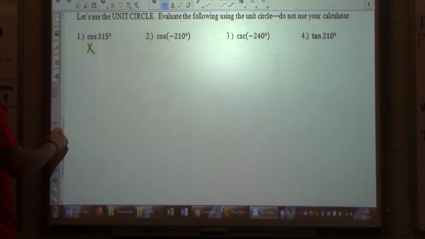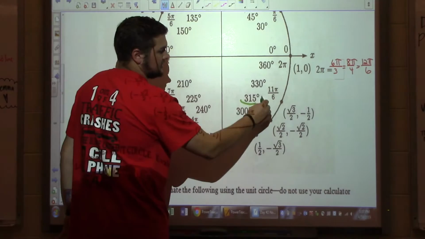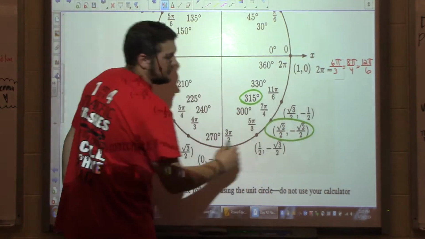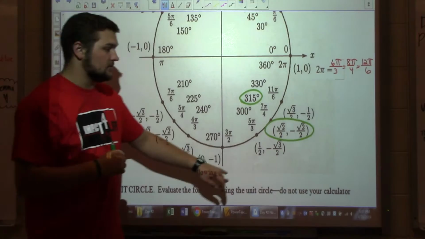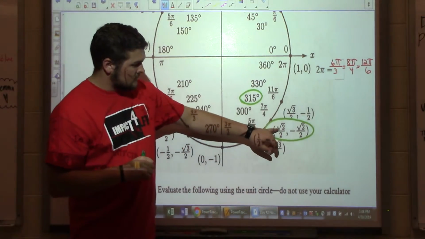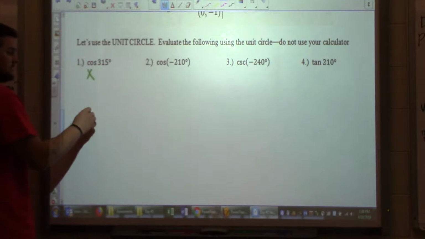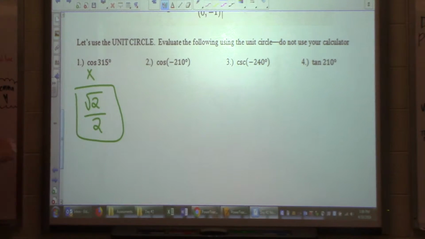So this one's 315 degrees. So what I'm going to do is I'm going to go to 315 degrees on my unit circle. I'm going to look at that ordered pair at 315 degrees, and I know the cosine is the x value of that ordered pair. What's the x value? Square root of 2 over 2. So cosine of 315 degrees is square root of 2 over 2. That's my answer.